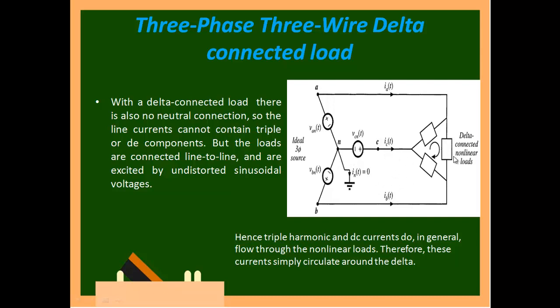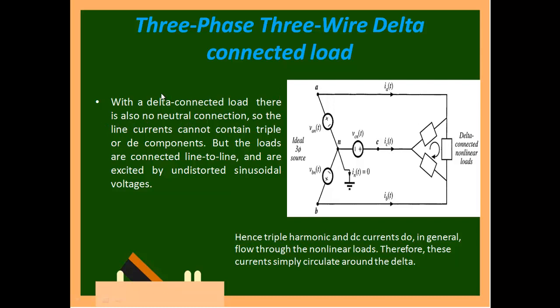If it is delta connected, again there is no neutral needed, because you connect it in a delta fashion. But in this case, instead of flowing in the neutral path, it is going to circulate inside the RYB itself. So this will create local heating and losses.